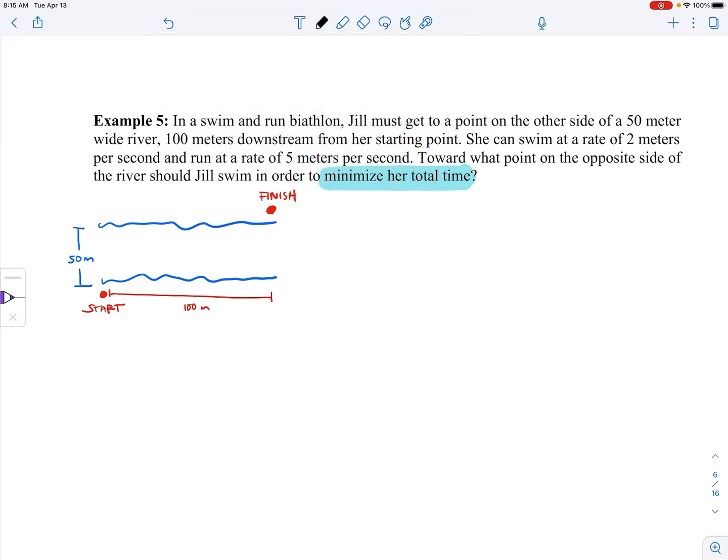So I'm going to write that down. We want to minimize her total time, which means that we're going to need to come up with an equation for time, for her, the total time it takes for her to complete this biathlon.